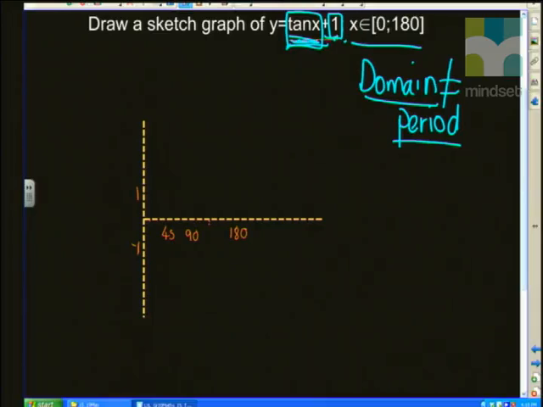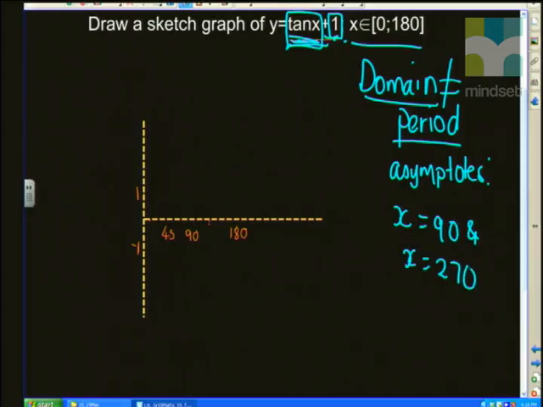All right, important things on the tan graph. We first need to write down our asymptotes. If you were paying attention from the previous summary, you'll see that x is equal to 90 is an asymptote, and x is equal to 270. However, guys, we are only sketching over the domain 0 to 180.